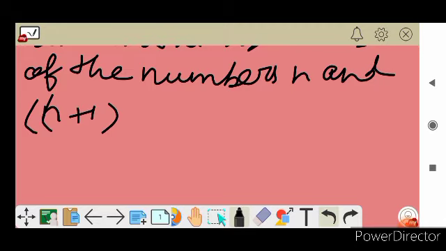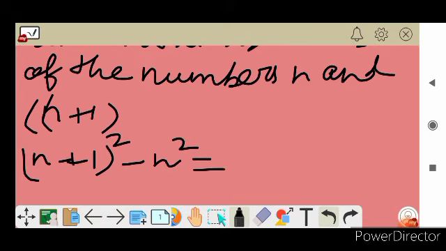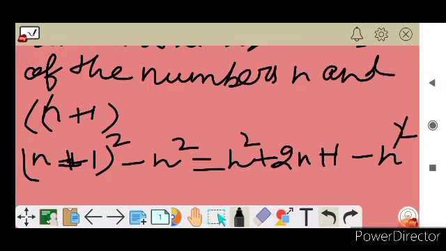So n plus 1 whole square minus n square, and n plus 1 whole square represents the identity a plus b whole square. So we will write here n square plus 2n plus 1 minus n square. N square cancels with n square, so it equals 2n plus 1.